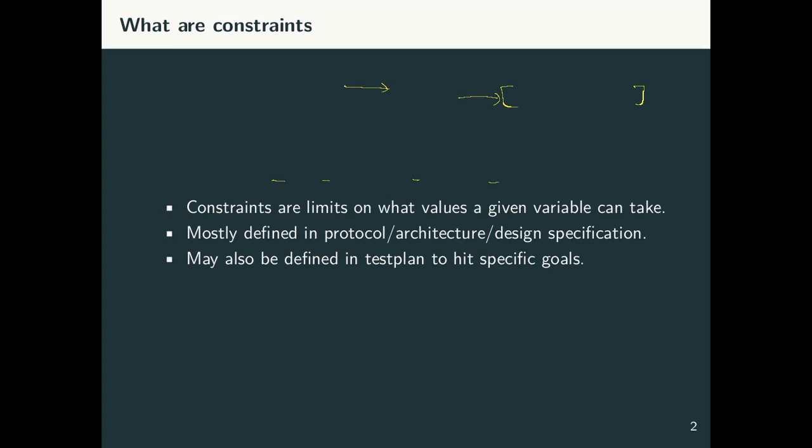For example, if I say random.randint from 0 to let us say 1024, it can generate all values from 0 up to 1023. There is no way in the random function for me to further optimize the values that are selected based on some other value which is set somewhere else in the design.